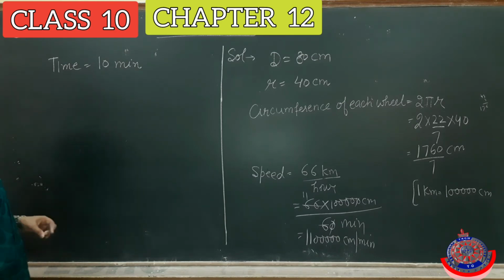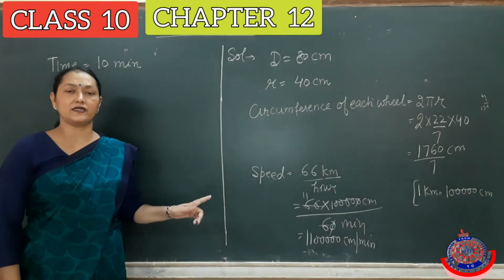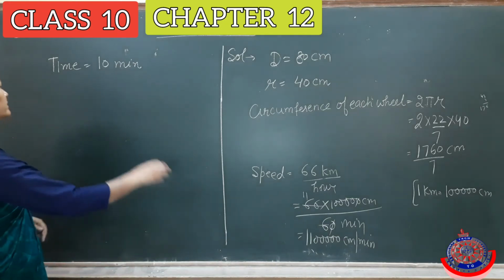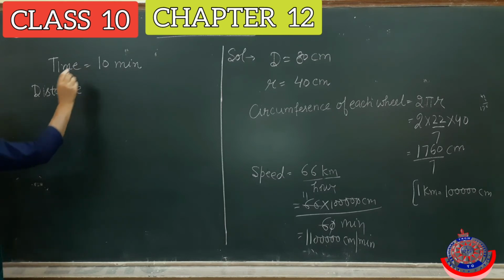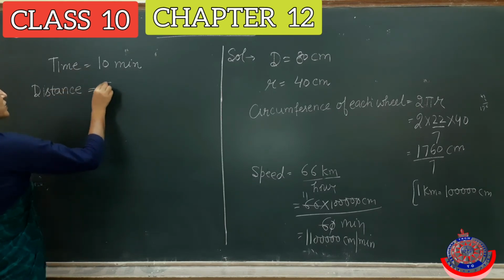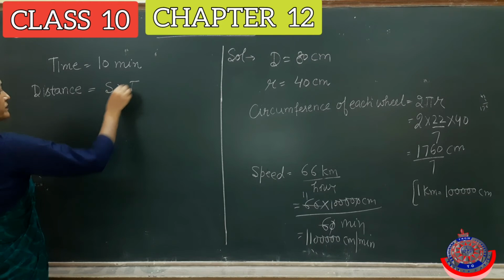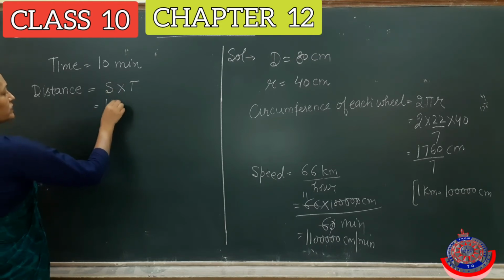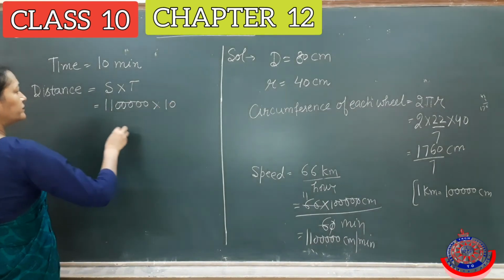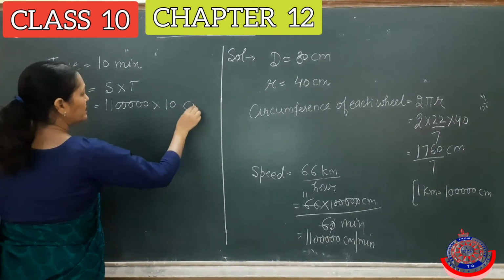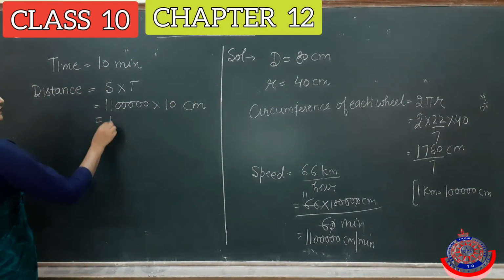If we calculate distance, we know that the formula of distance is speed into time. So this distance will be the distance covered by the car in 10 minutes. Distance is equal to speed into time, so 11 lakh into 10. And this distance will come in centimeter.